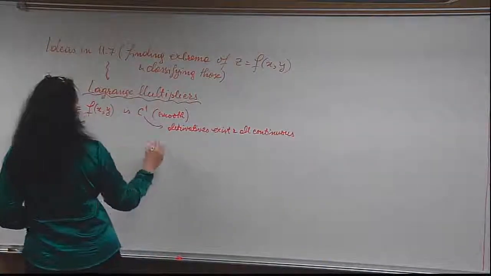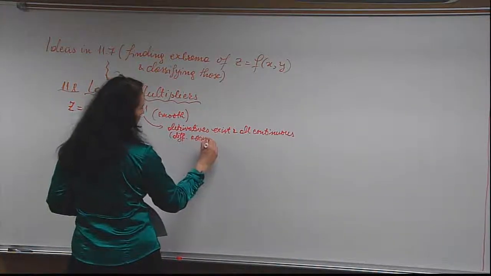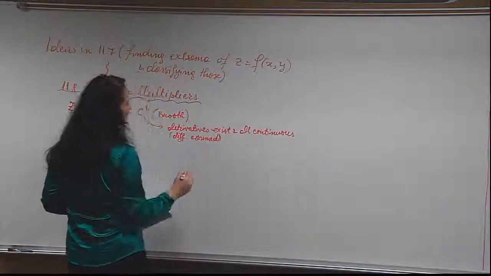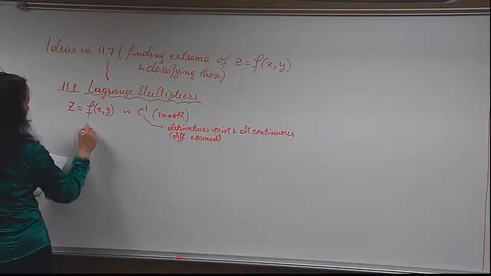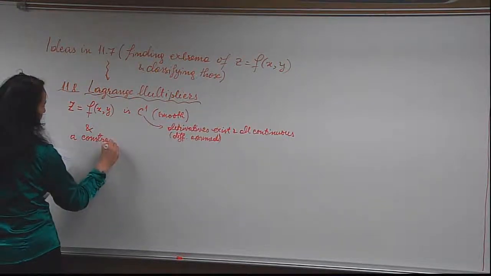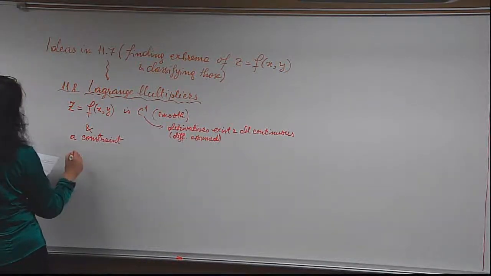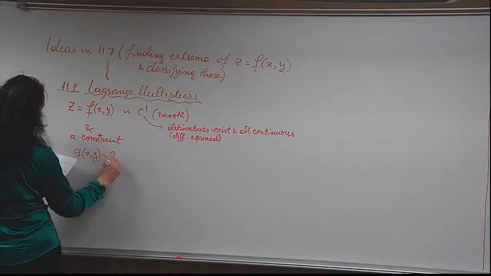I assume differentiability. And what else do I assume? I assume that you have a constraint that is also smooth. Let's say g of x, y equals c.